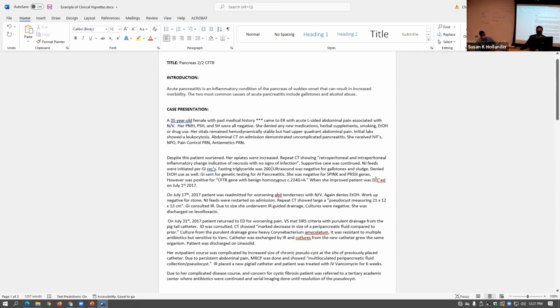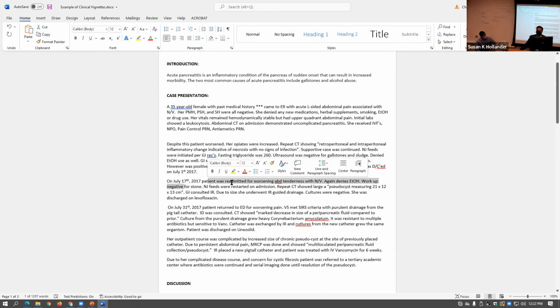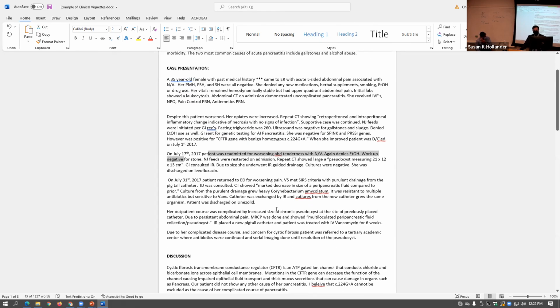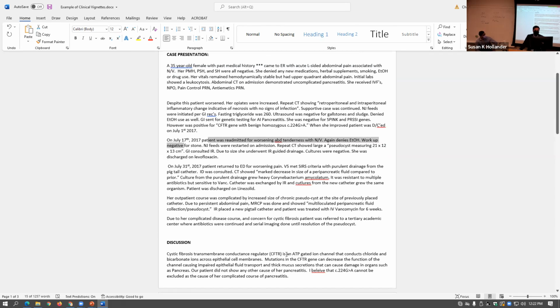So they mentioned that the patient was DC'd, meaning discharged, and it's mentioning dates. None of that is appropriate. So this would be an example of an abstract that definitely needs revision. And then as we go down, it talks about the CFTR mutation potentially causing this patient's pancreatitis. Our patient did not show other signs of pancreatitis.